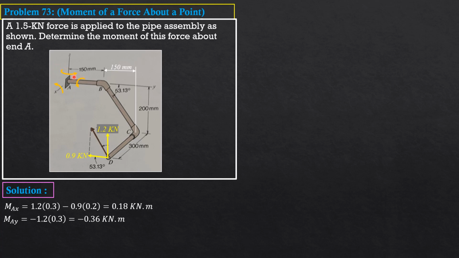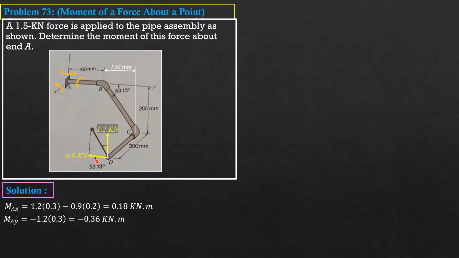MAZ, this is the positive sense. So parallel, only 0.9 will have moment about the AZ axis, but it is opposite because it is in that sense. So rotation would be in that sense. This is the positive sense. So it is negative 0.9 times 0.3 because A, B, C lie on the YZ plane.